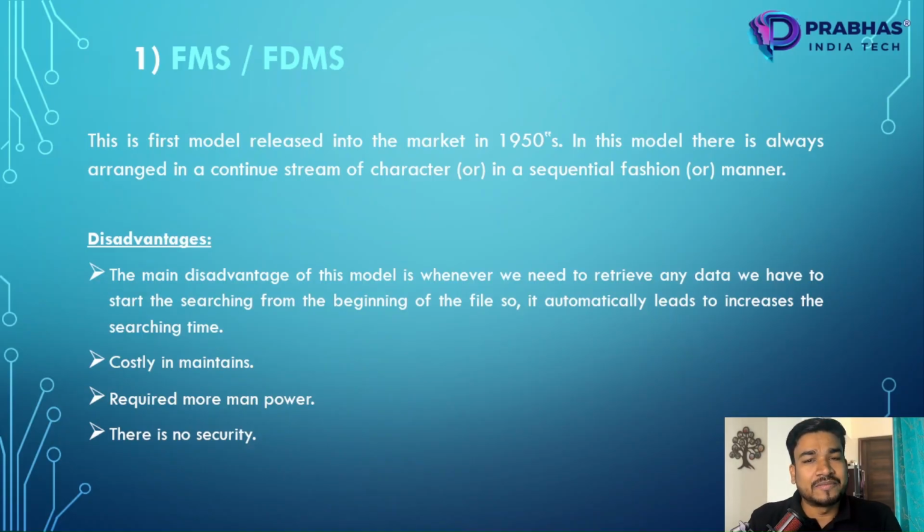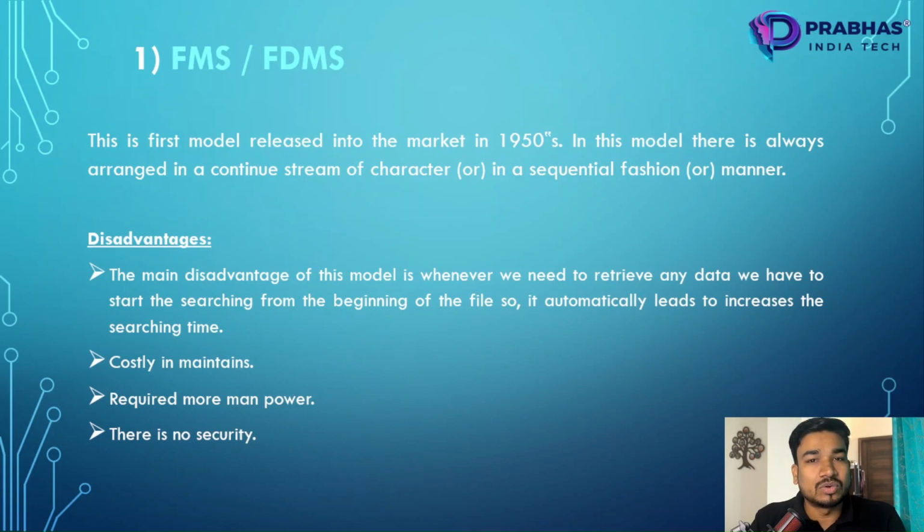In FMS we have one main drawback: when we start retrieving data from the file management system or files, it will scan the data from the beginning. It does not go directly to a particular page as in a table. In SQL Server we store the data in pages, so it goes directly to that particular page with the help of an index.